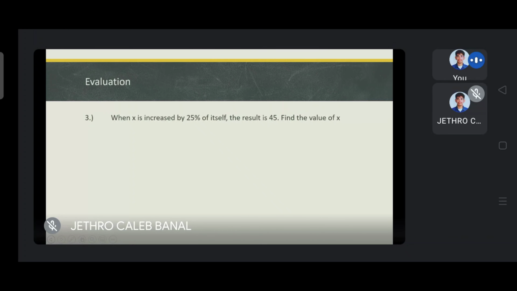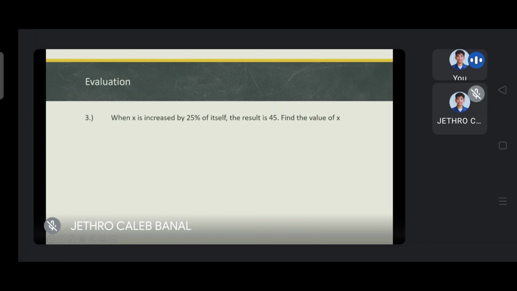Now, class, for number 3, when x is increased by 25% of itself, the result is 45. Find the value of x. Now, what I'm gonna do is, kunin ko yung left hand side ng equation. Ilalagay ko yung when x is increased by 25% of itself.